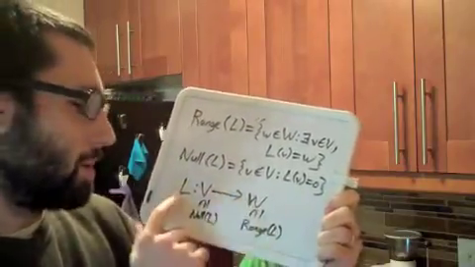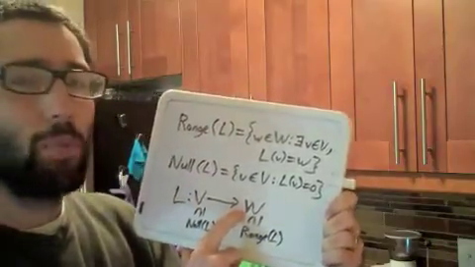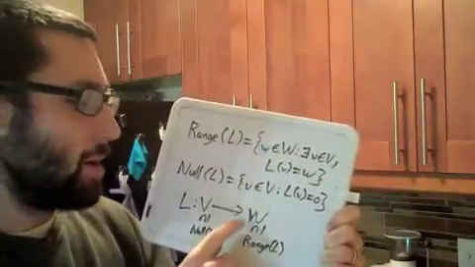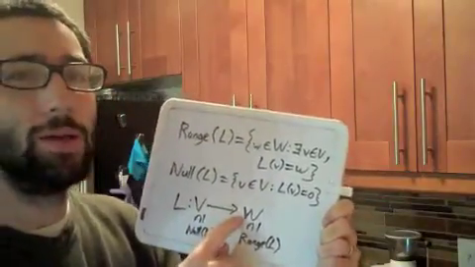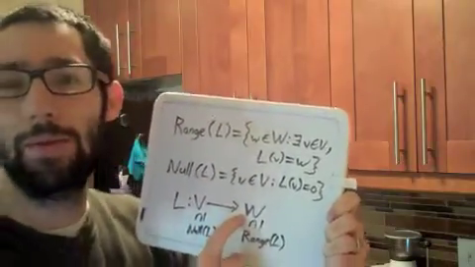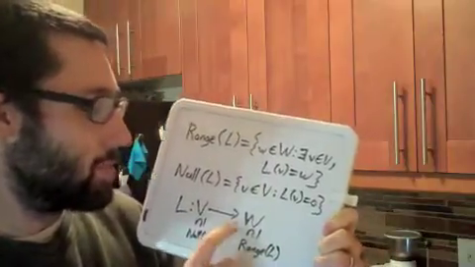We talk about a linear transformation going from v to w, but not everything in w can be achieved by L, and so w is not the range. The range is a subspace of w.